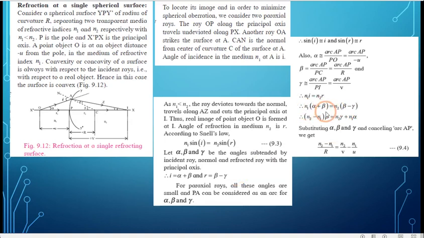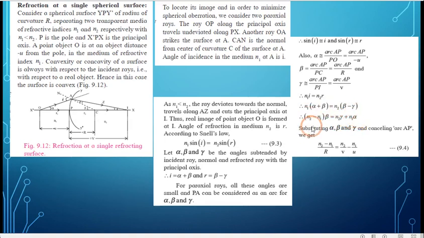Now mu1 alpha plus mu1 beta is equal to mu2 beta minus mu2 gamma. Take this term to one side: mu2 beta minus mu1 beta is equal to mu1 alpha plus mu2 gamma. So beta becomes common. The remaining part: mu2 minus mu1, into beta, is equal to mu2 gamma plus mu1 alpha.